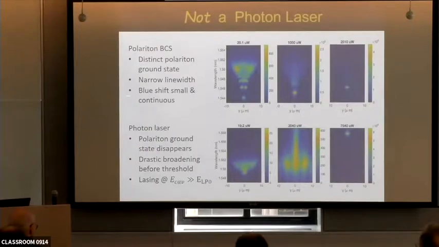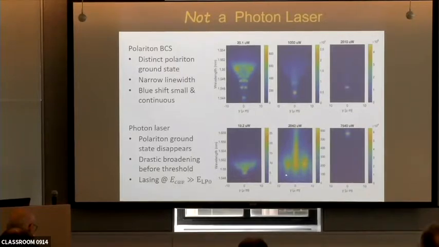And we can double confirm it's not a photon laser by comparing to a cavity with a more positive detuning or larger dephasing. In this case, we see the gradual shift and the line stays narrow until it basically all goes to the ground state above threshold. But in the photon laser case, we see the line broadens drastically at a certain point.